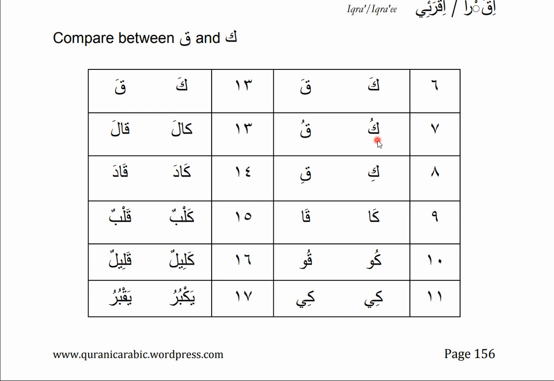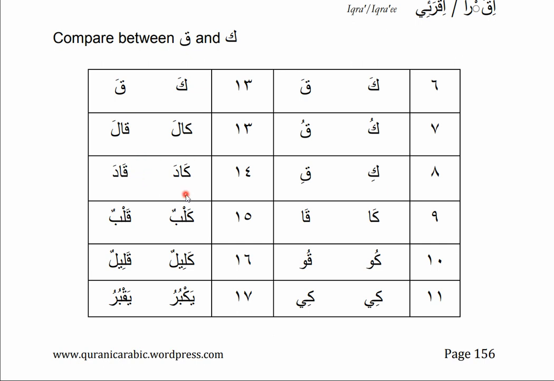Ku, ku. And then qu, you can feel the soft part and the deep part of your tongue touching. Ki and qi, ka and qa, ku and qu, ki and qi, ka and qa.